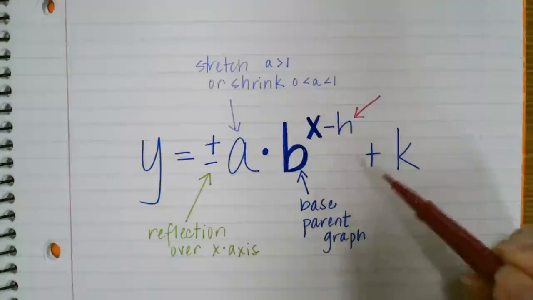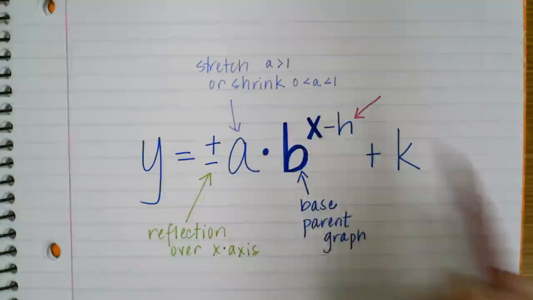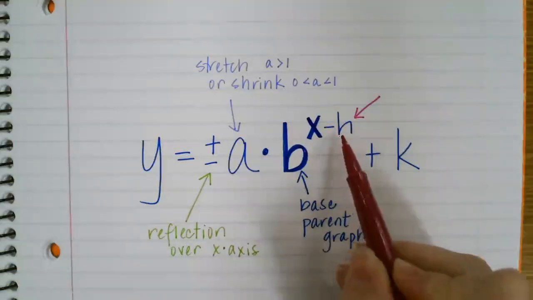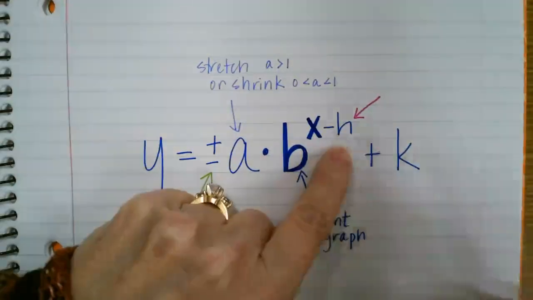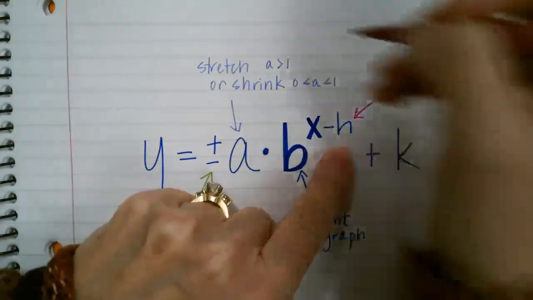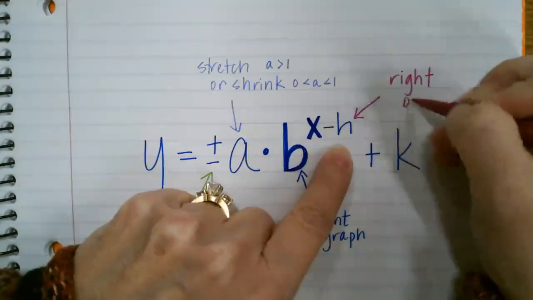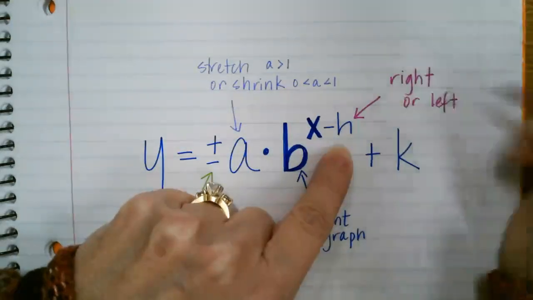All right. Now, next up, let's look at how this affects our graph. So when we were doing parabolas, that minus h, this hk was our vertex, but this was the x value. And if you remember, that means it's going to go right or left, but it was always the opposite. So this is going to shift our curve right or left.